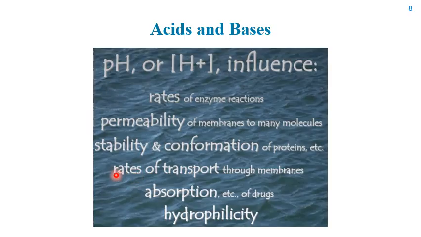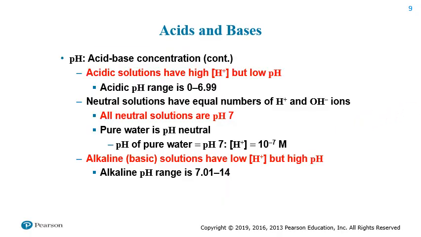So pH is very, very important, as is everything else that happens in the cell. The liquid that bathes the cells has to have its pH very much controlled. So here, acids and bases.